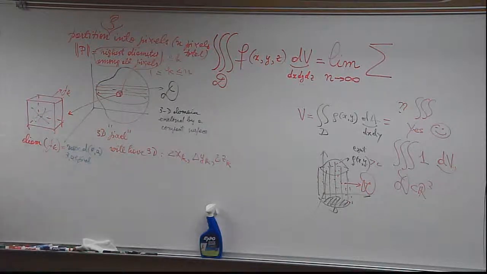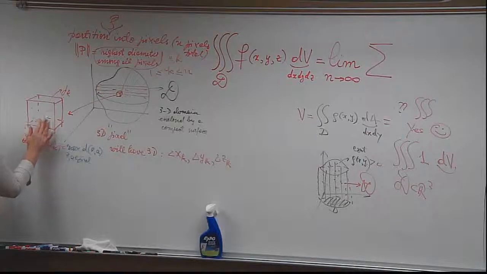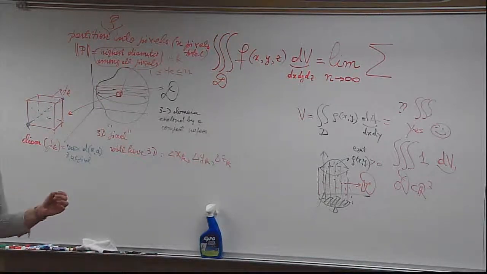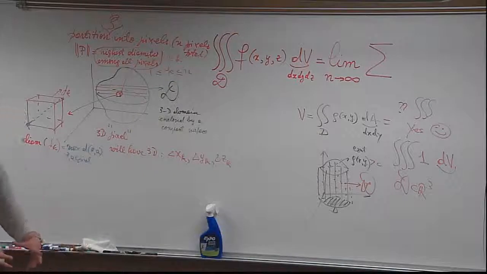So if I were to ask you to find that diameter in this case, what would that be? It's the diagonal. It's the diagonal between this corner and the antipode, the opposite corner. So this would be the highest distance inside this pixel. If it's a cube, you see that I wanted a cube.